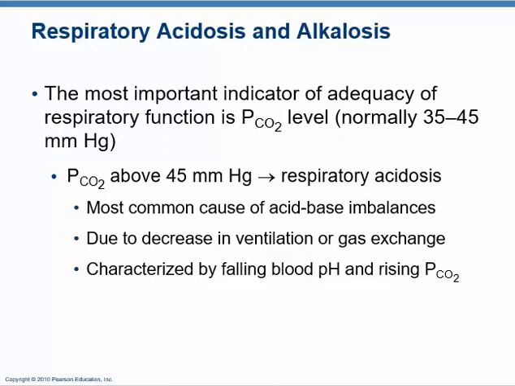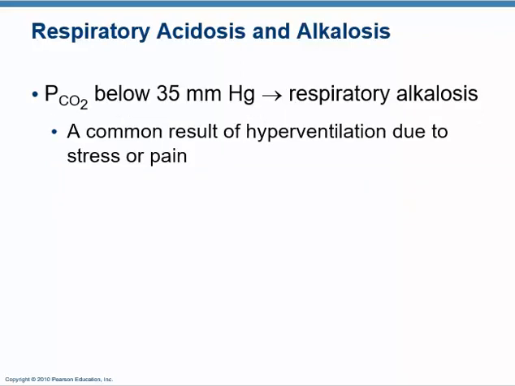And it's due to decreased ventilation. pH goes down. You're in acidosis. If you are hyperventilating because of stress or pain or fear or anything, you've been crying, or you're doing it on purpose, the partial pressure of carbon dioxide drops, and you end up in respiratory alkalosis.